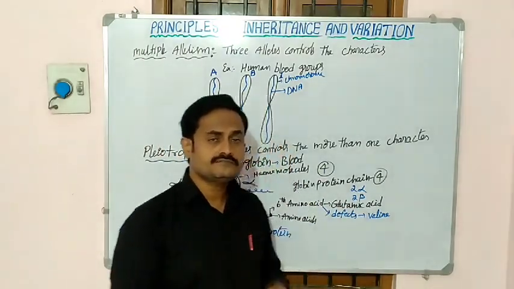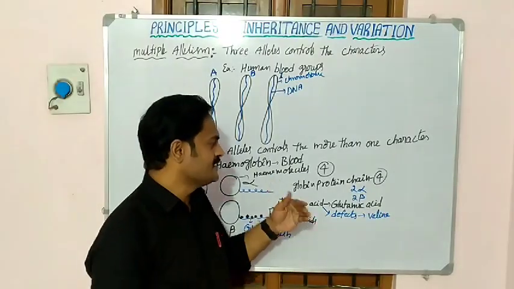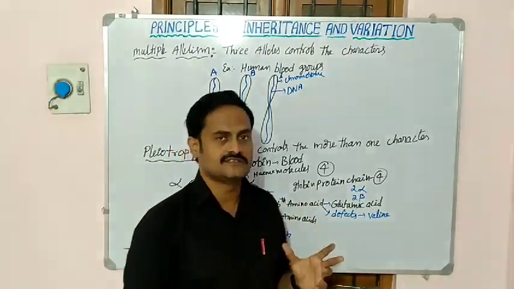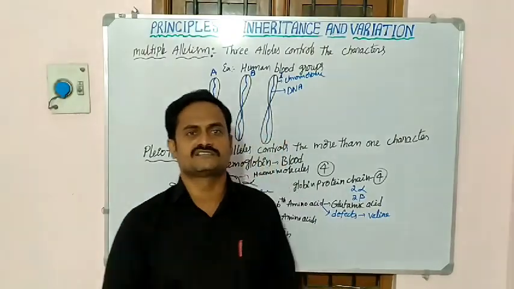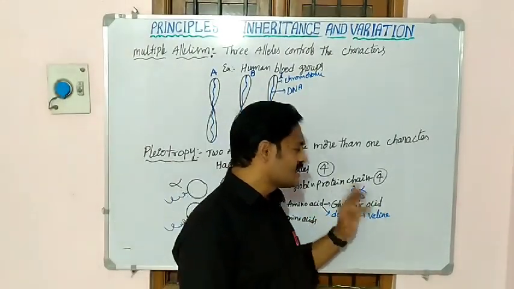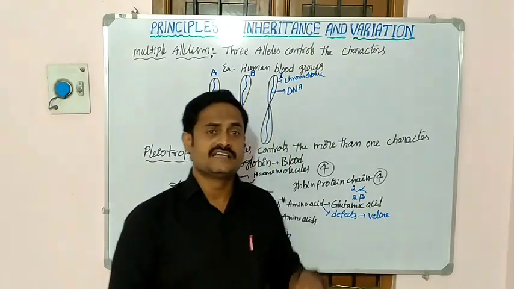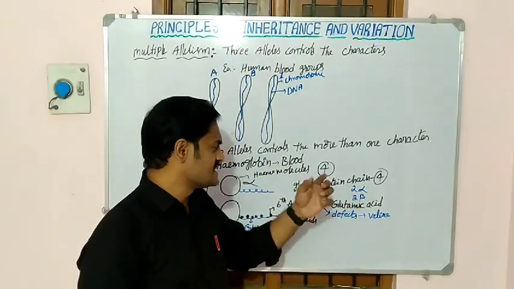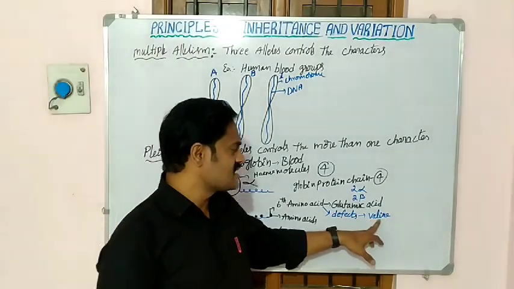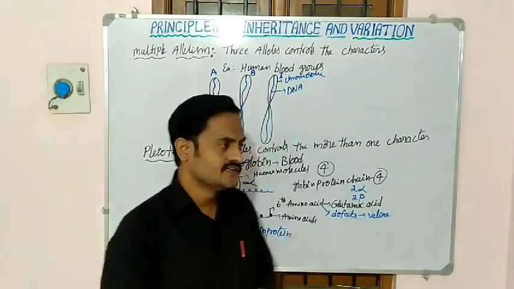If any mutation happens, if the gene is damaged due to environmental conditions or UV rays, then glutamic acid is not released. Instead of glutamic acid, another substance is released, that is called valine.